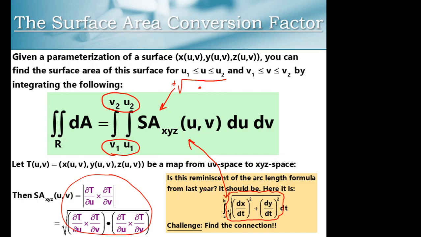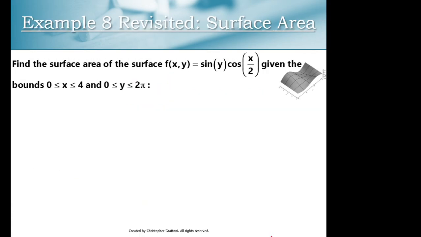And actually, if you play with the symbols for a little while, you'll notice that they come from the same mathematics as well. If you have some extra time, try to find that connection between the surface area conversion factor and that square root that you had in your arc length formula when you were in Calc BC.